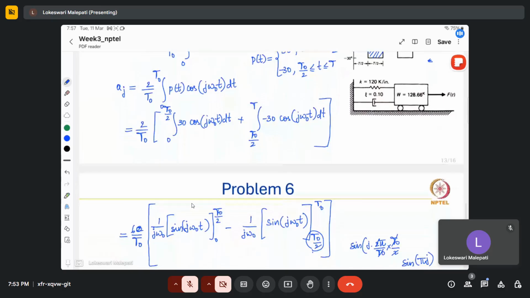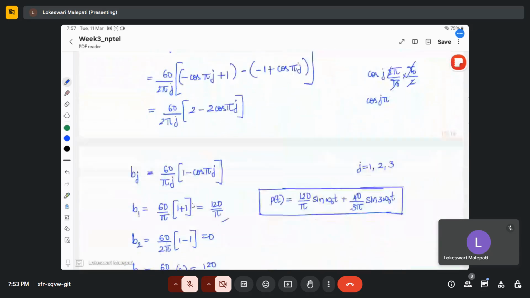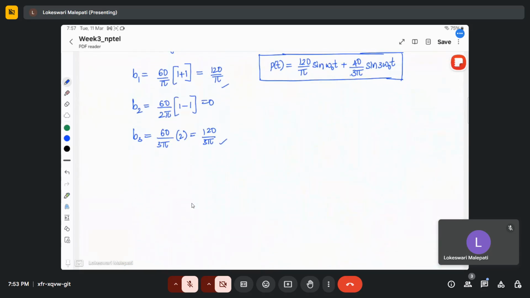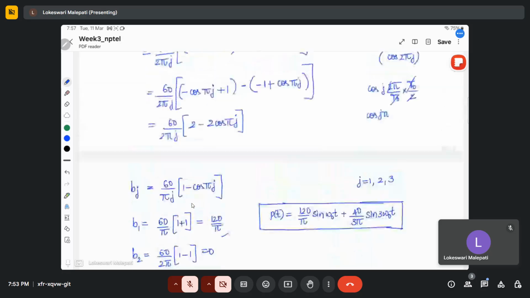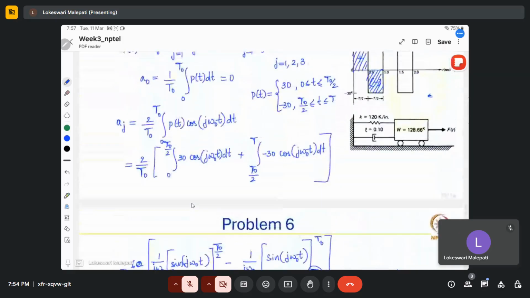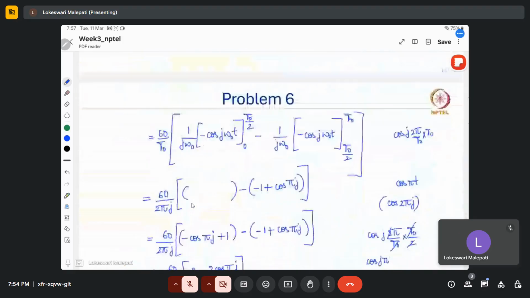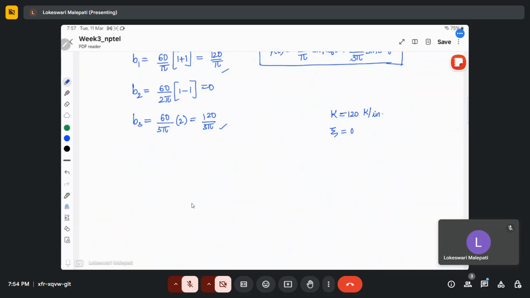The stiffness is given as 120 kips per inch, and zeta is 0.1 and weight is 128.66.